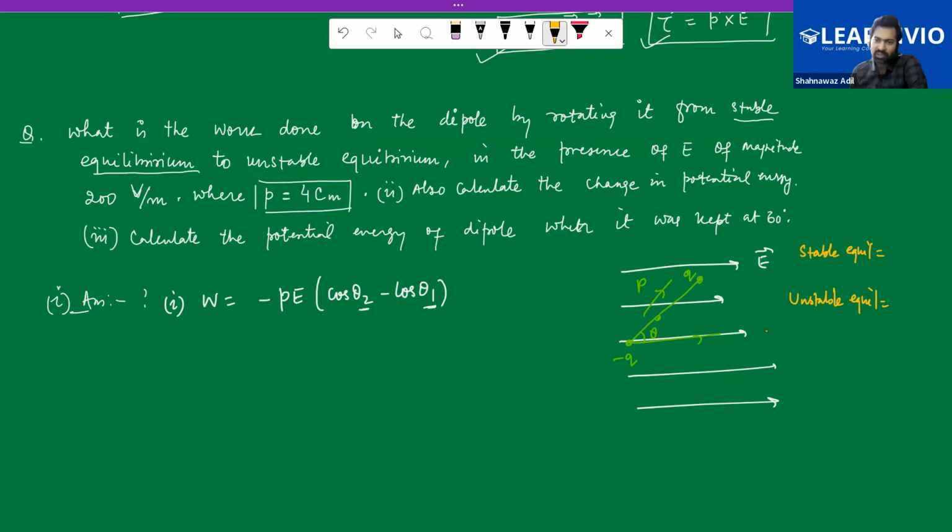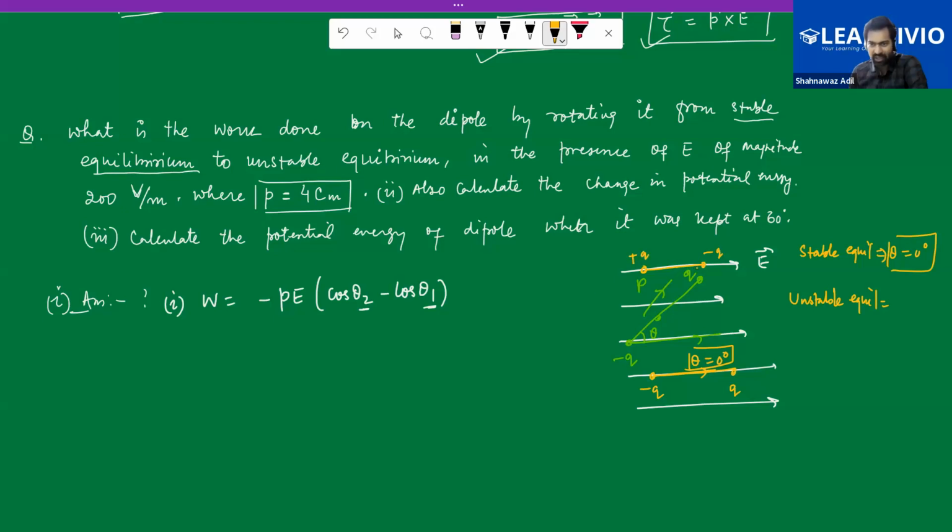The stable equilibrium is when you put this dipole in this way, minus q to plus q, so that the angle is 0. So this is theta equals 0. Unstable is when you put the dipole in this way, and this is minus q, and this is plus q.